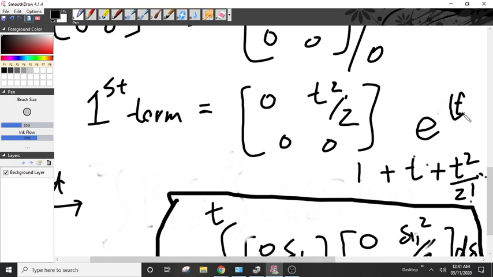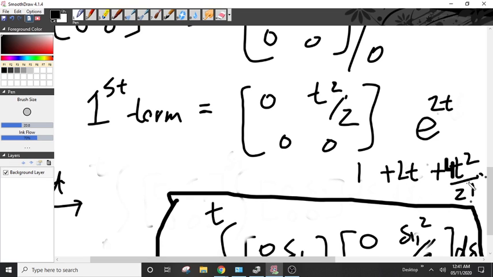Similarly, if after adding the identity matrix you get 1, and then in the first entry you get 2t, and in the second term you get 4 t square by 2 factorial, then this means that your series will be e power 2t, because here your a is 2. So you just have to identify.